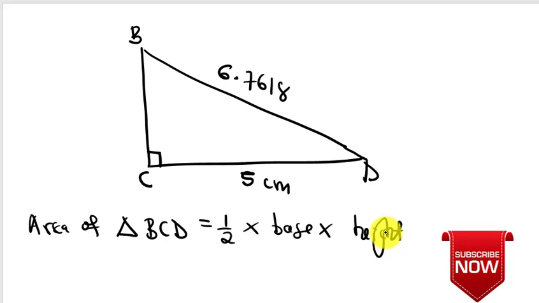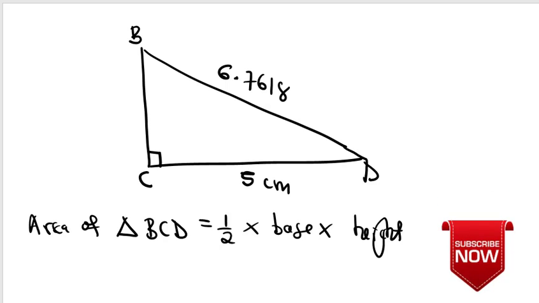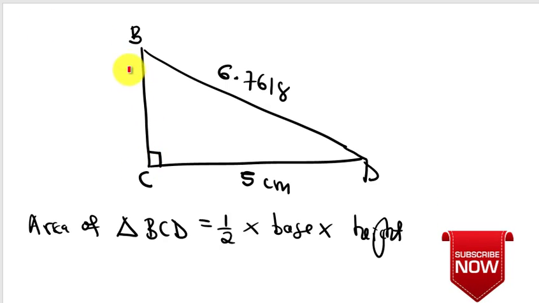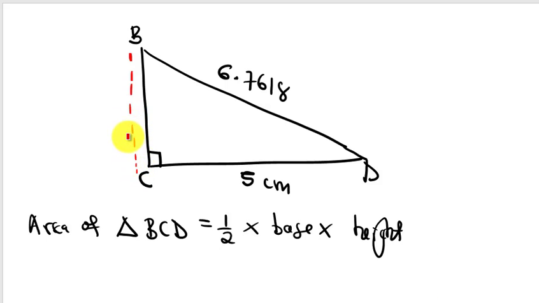Now, what is the height? In this case, the height is BC, the distance from B up to C. That is the height, and this becomes our base. We know the base, but we don't know the height. It means that we have to calculate the height, that is length BC.